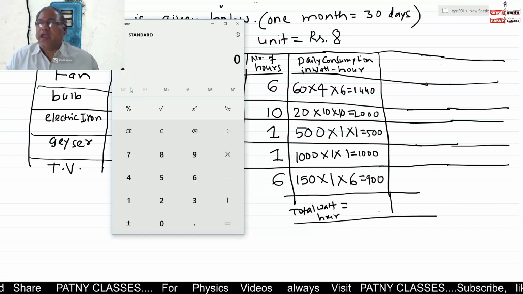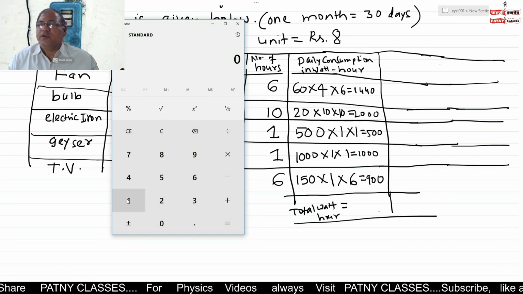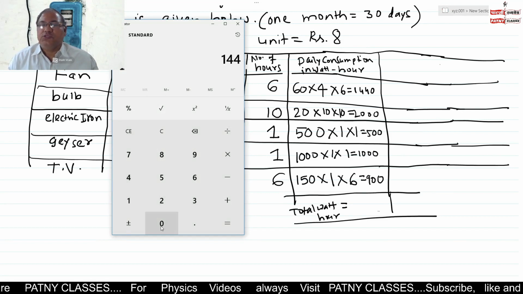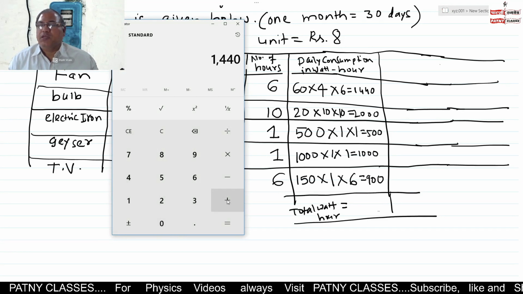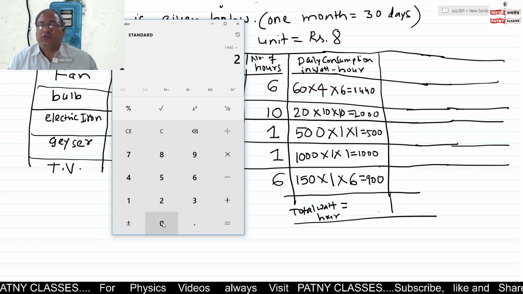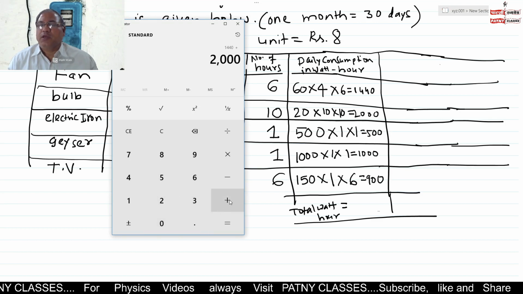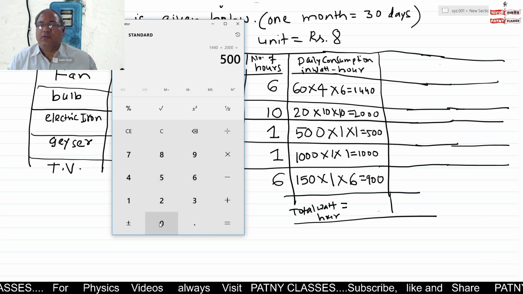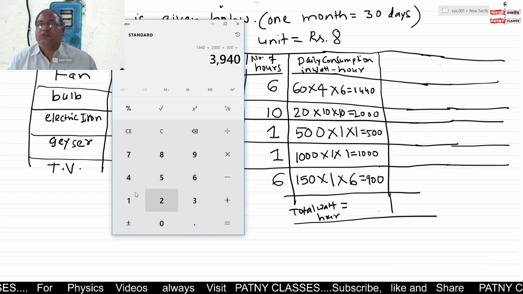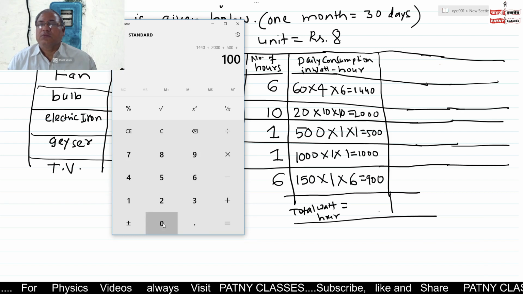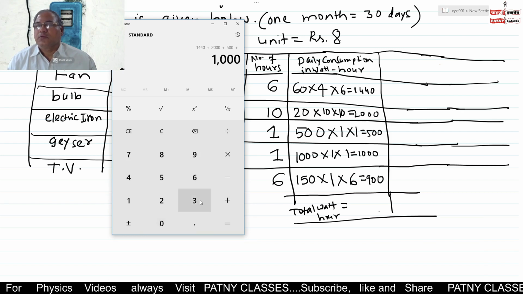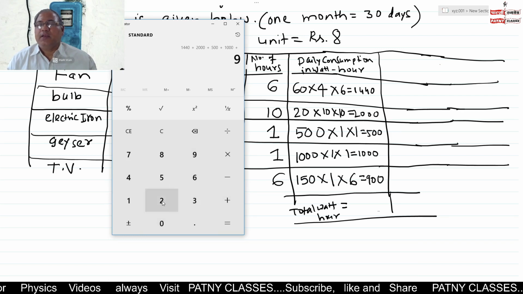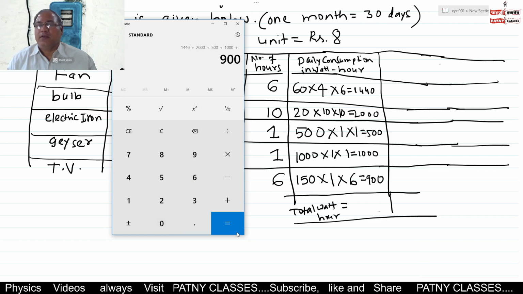Now let us add them all. 1440 plus 2000 plus 500 plus 1000 plus 900.